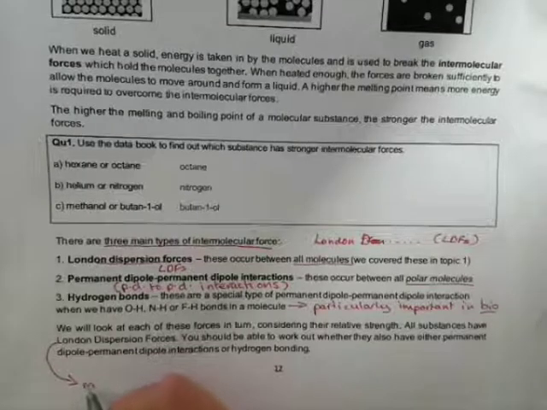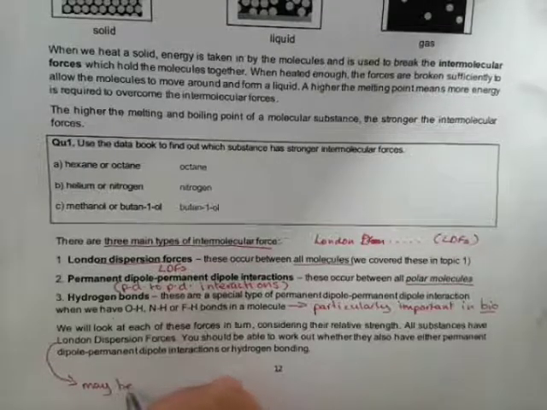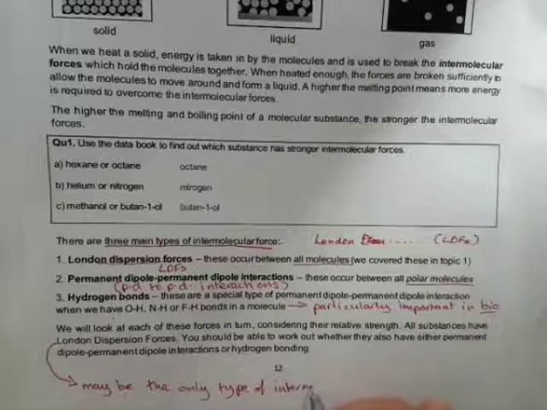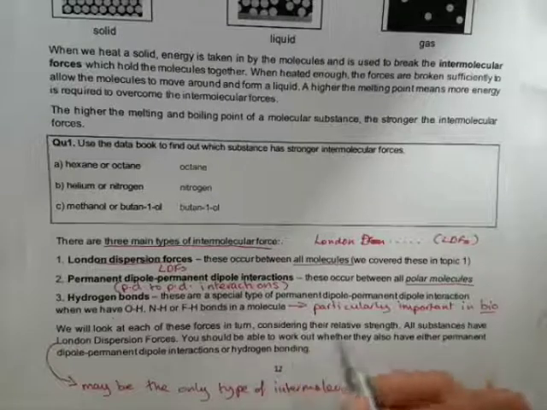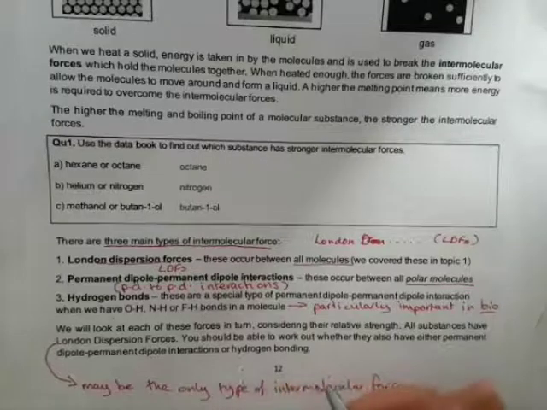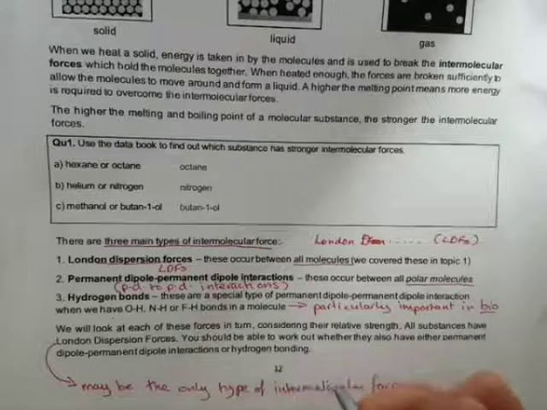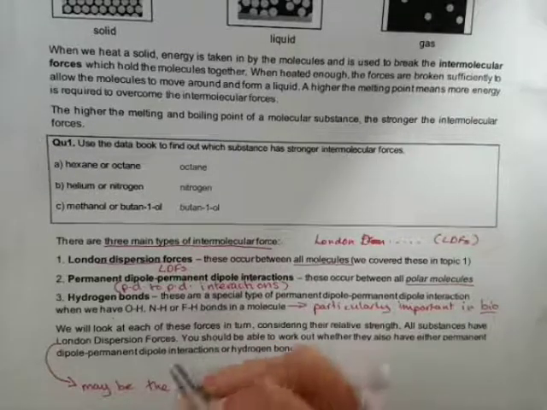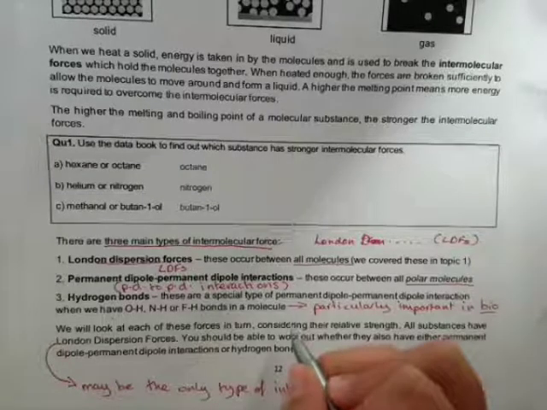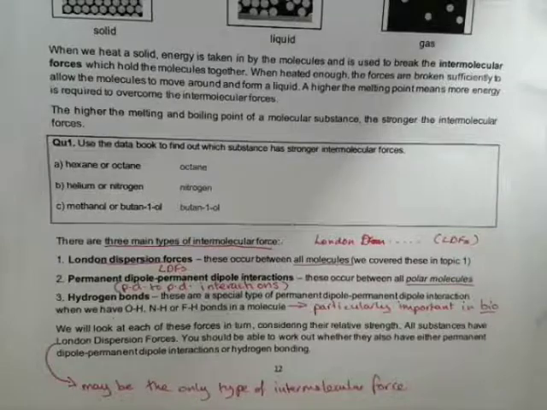London dispersion forces may be the only type of intermolecular force, but you may also have either permanent dipole interactions between the molecules or hydrogen bonding between the molecules. So part of what we're going to look at in the next little section is how you tell whether the molecules of a substance have these different types of forces, and part of what we're going to look at is the relative strength of the different intermolecular forces.